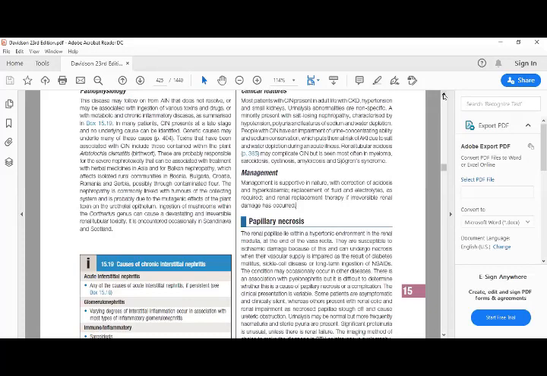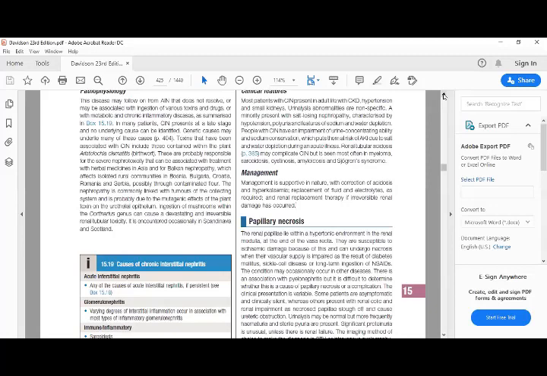Management of chronic interstitial nephritis is supportive in nature, with correction of acidosis, hyperkalemia, replacement of fluid and electrolytes as required, and renal replacement therapy if irreversible renal damage has occurred, which includes hemodialysis, peritoneal dialysis, and renal transplantation.